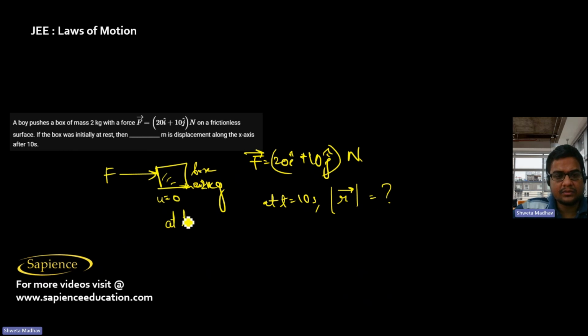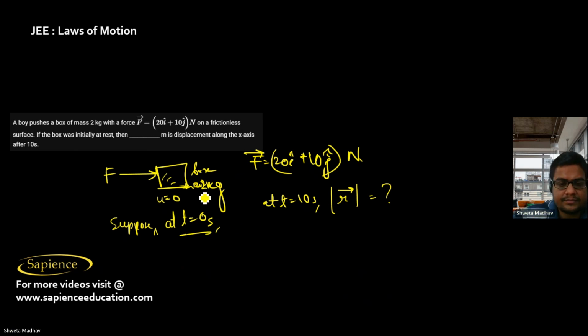Suppose we assume that at t equal to 0 seconds, the box was initially located at the origin only. So r vector is 0, r initial we can tell.